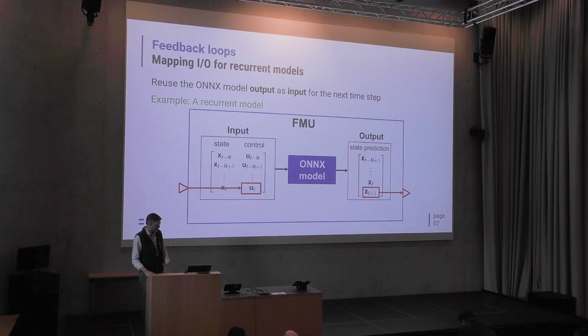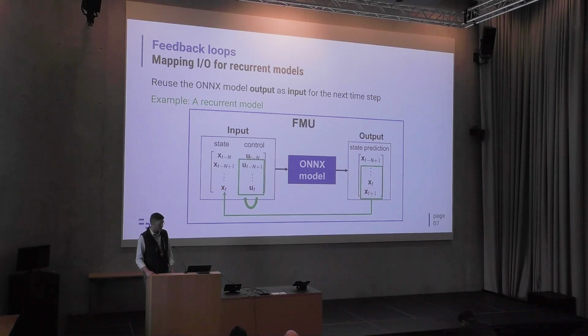Since ONNX models are somehow stateless, they cannot update their parameters during inference, we needed a local memory within the FMU. So we realized this by mapping the output nodes of the network to the input nodes.